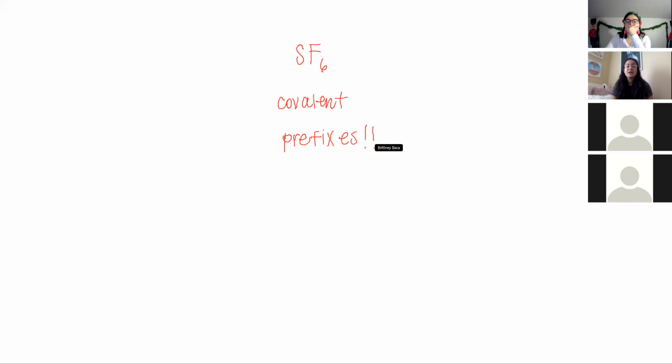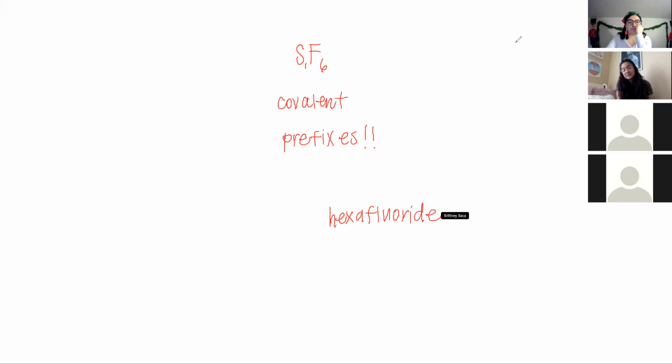So then we have 1 sulfur and 6 fluorines. What are we going to do with these guys? We would give them prefixes, right? Well, I know the F6 is hexafluoride, but I forget whether you give the first element a prefix or not.